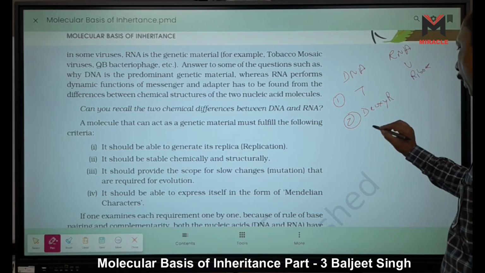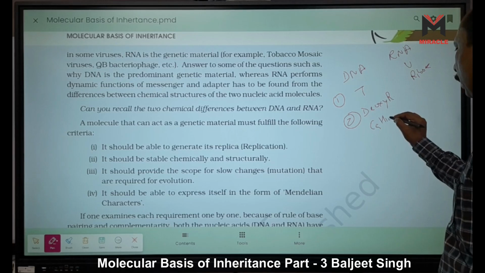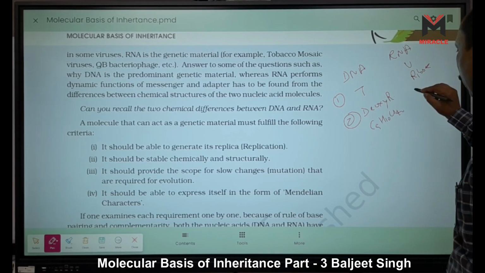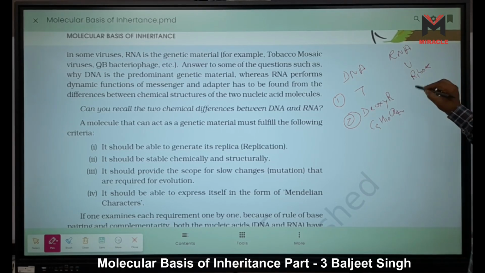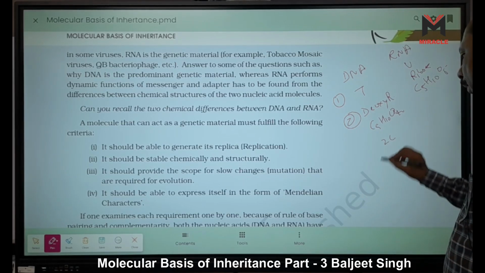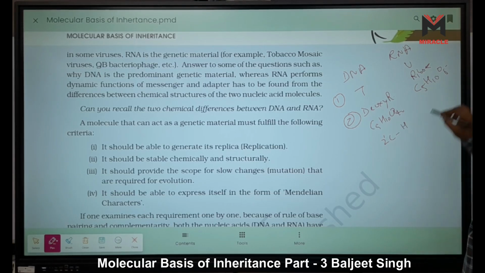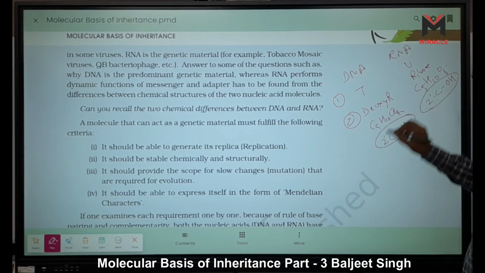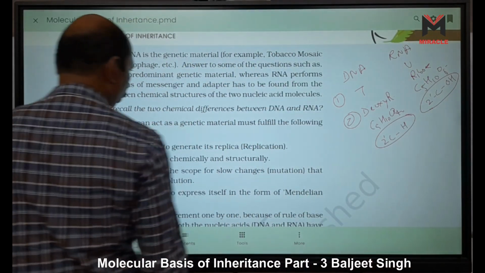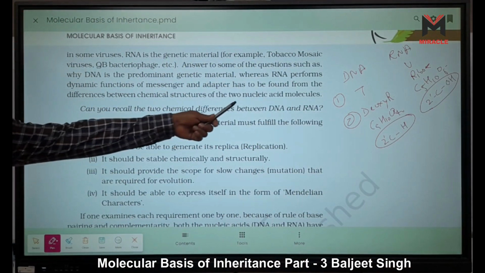So we can say here C5H10O4, but here C5H10O5. That means the second carbon has only an H group in DNA, but in RNA the second carbon has an OH group. That is the main reason for stability, right? These are the two chemical differences between DNA and RNA.